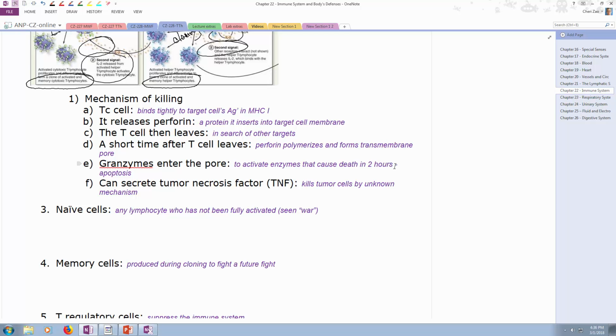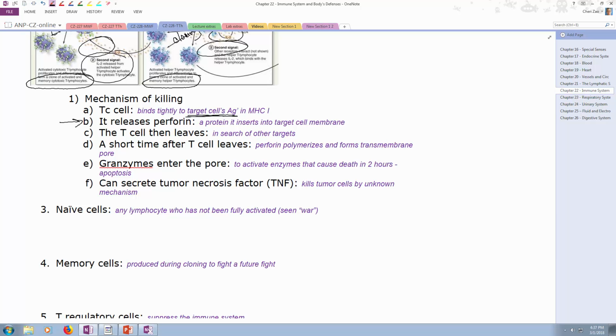So the cytotoxic T cell will bind tightly to that cell that's got the problem. Its antigen in the MHC1, and it releases perforin. Perforin is a protein that's designed to poke a hole, polymerize and create a hole there.